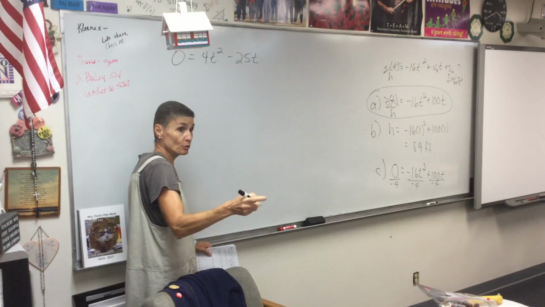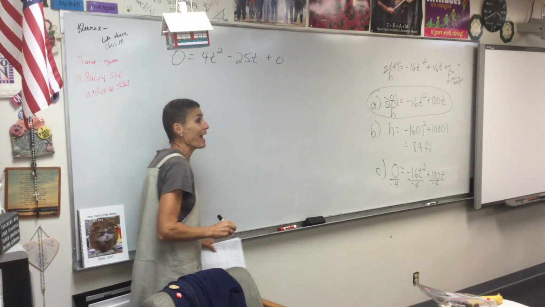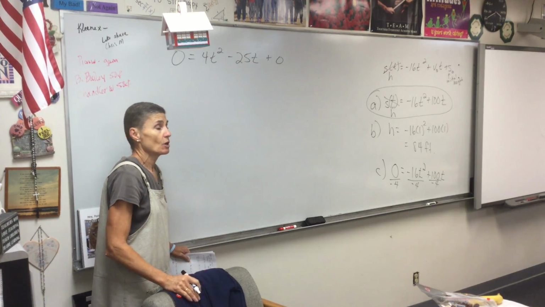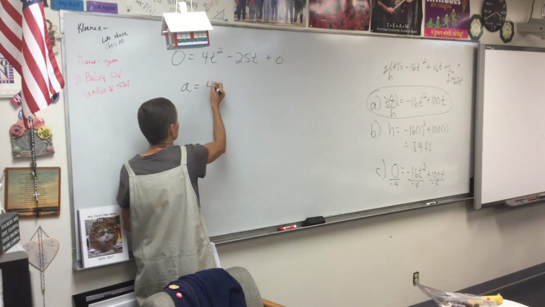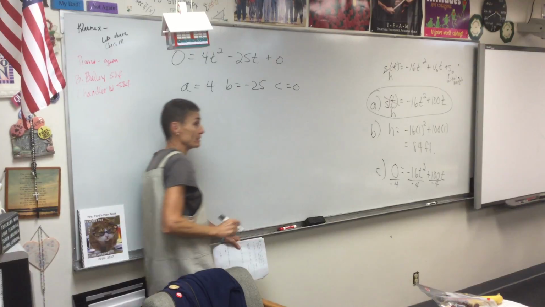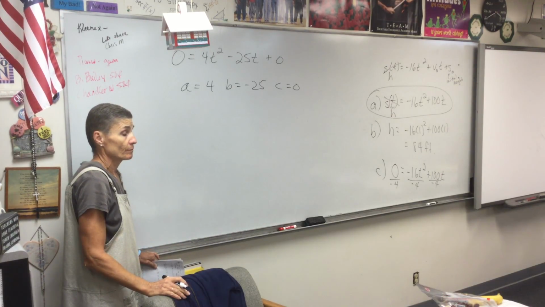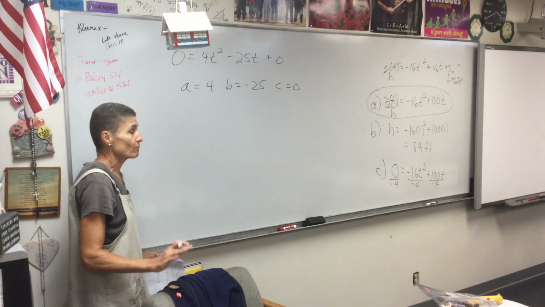And then, was it you, Ethan, that said that? Ethan said, I'm missing a last number. Remember 0, ground level? So my C, if I'm using the quadratic formula, my C is just going to be 0. Now, that will work every time, you guys.